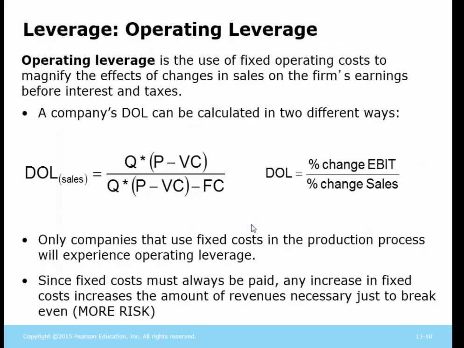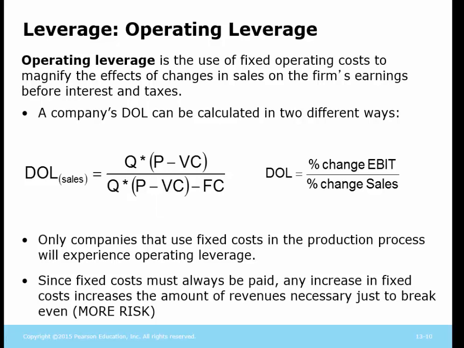So we can come up with some formulas to measure this. The operating leverage can be measured by something called DOL. DOL is the degree of operating leverage. Now, we can actually get it right from financial statements. However, because of negative increases, decreases, etc., this number is frequently kind of misleading. But again, we're not necessarily interested in the specific answer for our company. We want to understand what happens when fixed costs change.